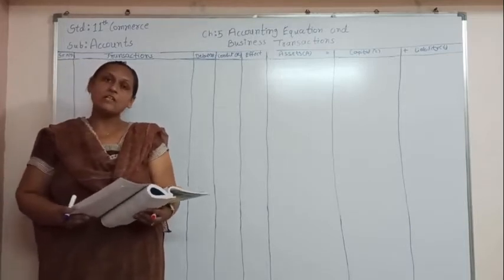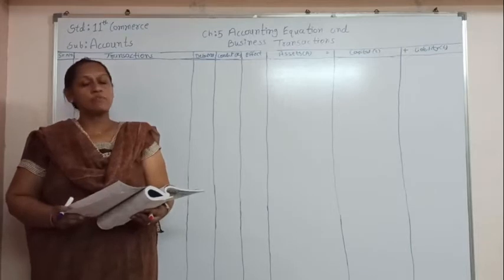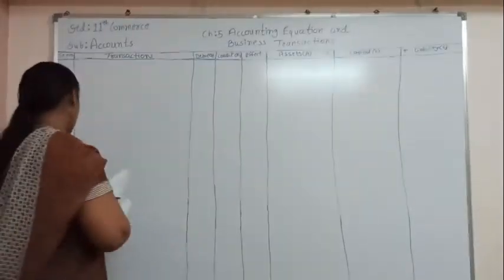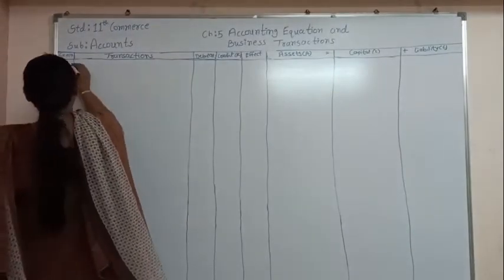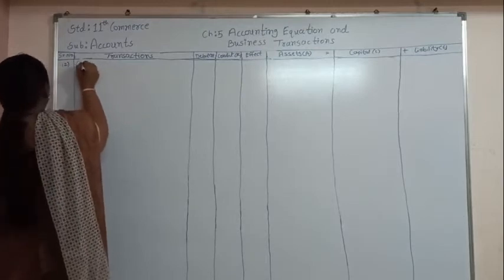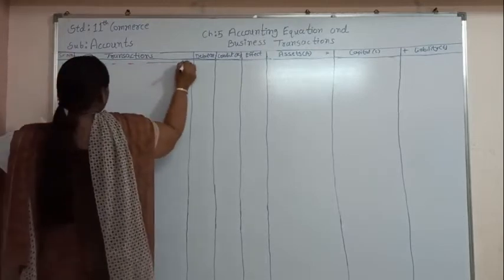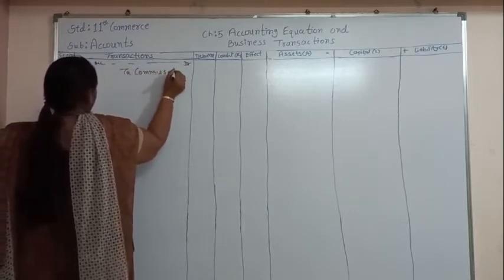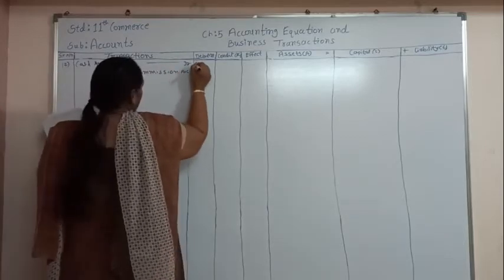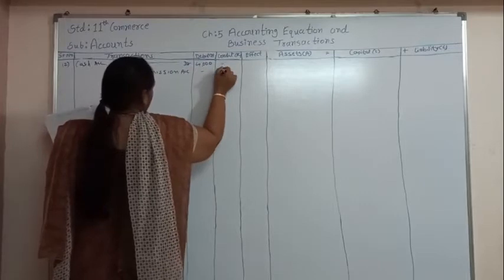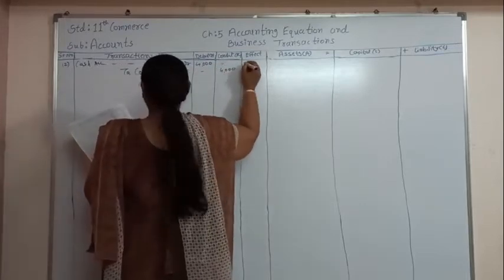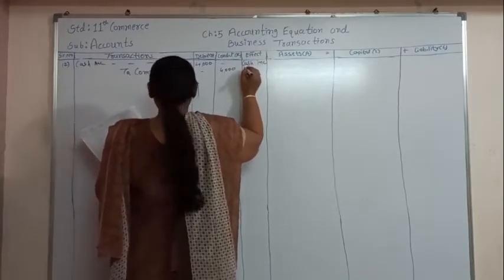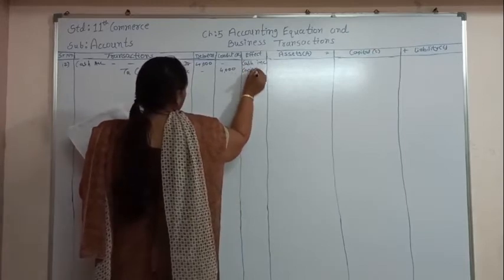So cash account debit to commission, that general entry we are going to pass, and for that cash is going to be increased, as well as capital is also going to be increased.